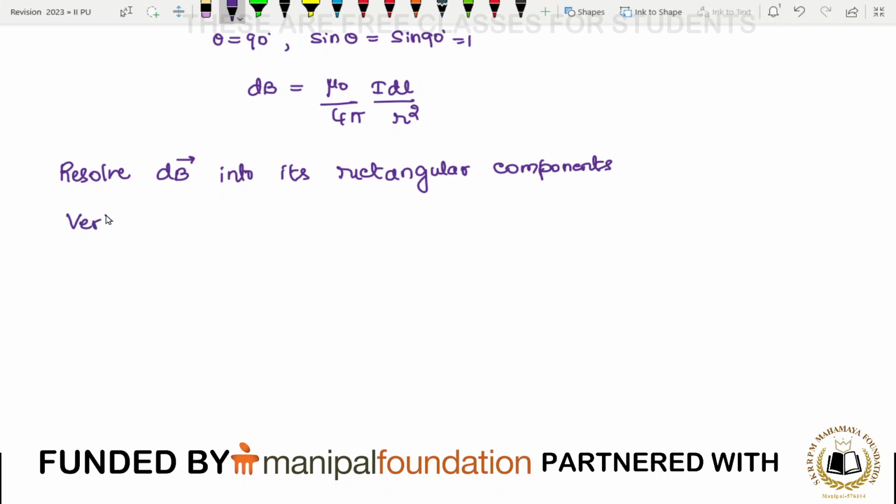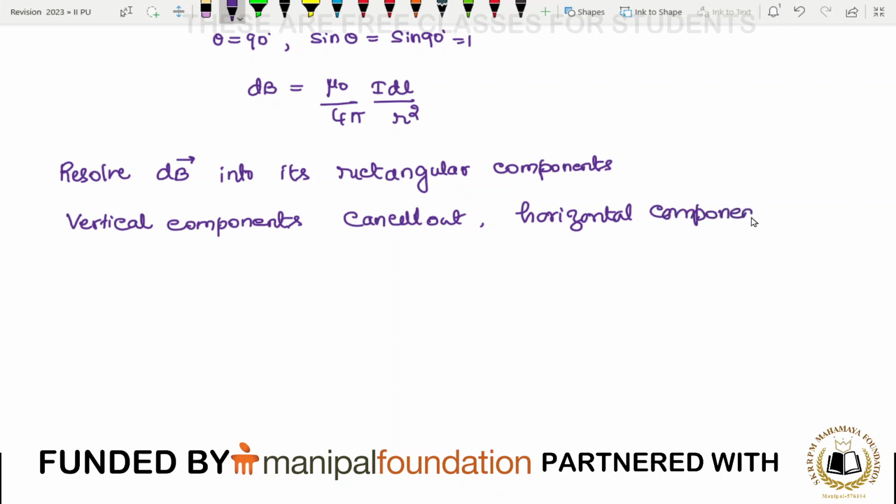So I'll write here: vertical components cancel out, and horizontal components add up because both are in the same direction.